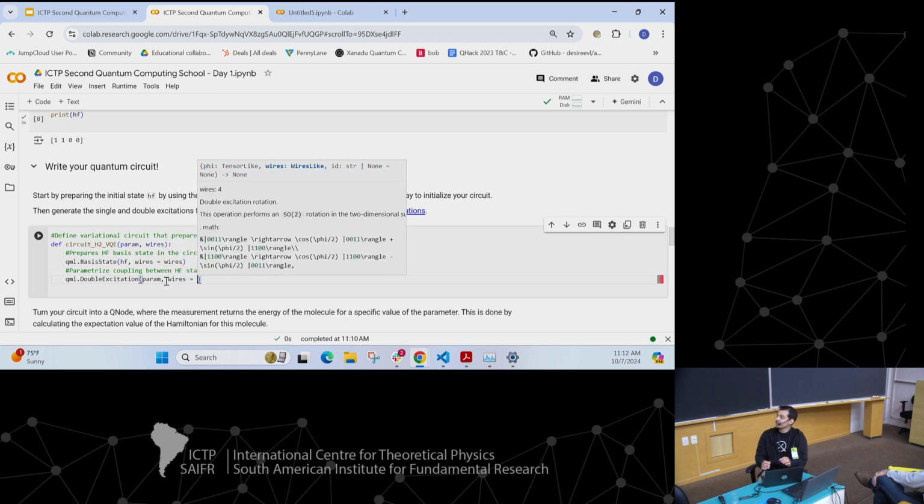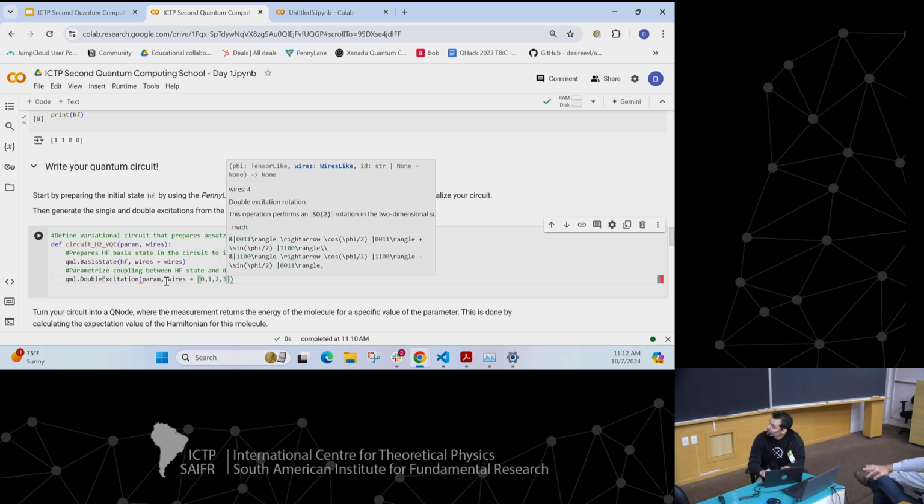And a double excitation gate operates on 4 qubits. So you need to tell it which 4 qubits it should operate on. Because of Python indexing, qubit number 1 will be represented by 0, and the 4th qubit will be represented by the number 3.